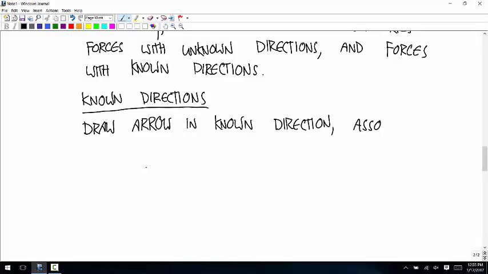And associate that arrow with a scalar variable or value.